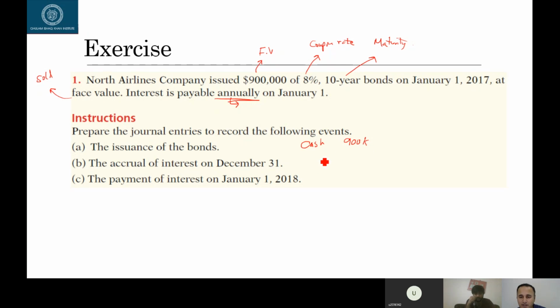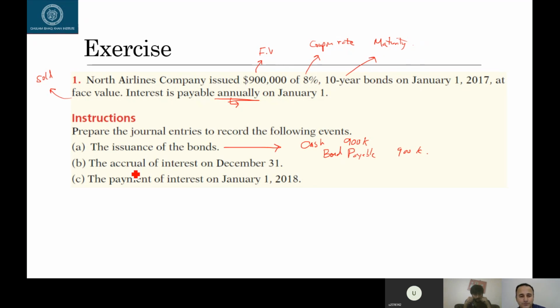Perfect. And then bonds payable. Bonds payable, perfect, Junaid. Thank you. Bonds payable, 900,000. So this is the first entry, perfect.